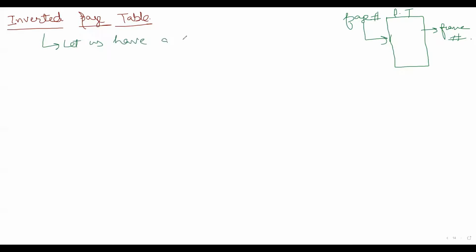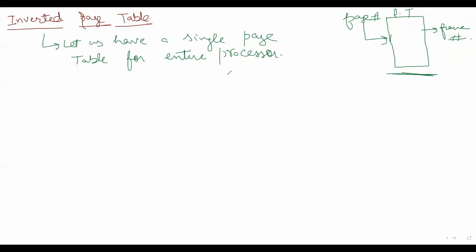page table for the entire processor. Here we were saying one page table for every process, but here we want a single page table for the entire processor. This page table will be indexed by a frame number.